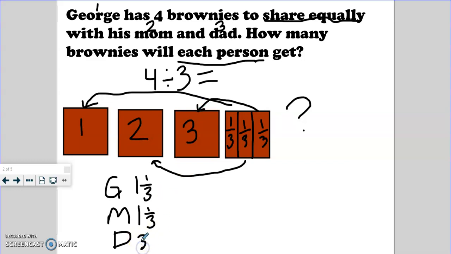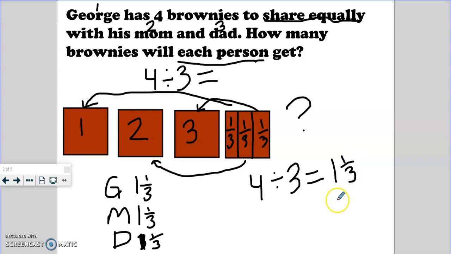So 1 and 1/3. So 4 divided by 3 equals 1 and 1/3. Each person would get 1 and 1/3 brownies.